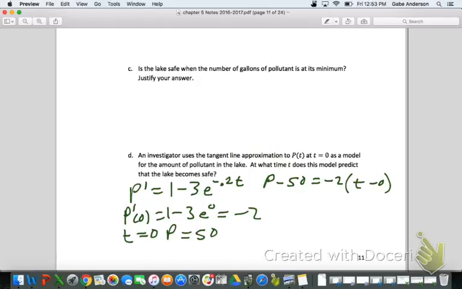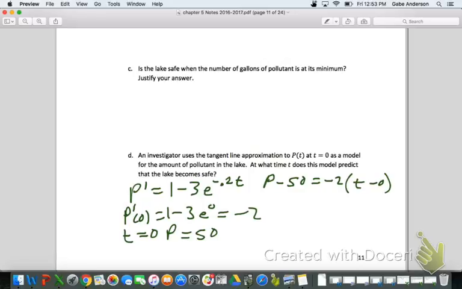And then it says, at what time t does this model predict that the lake becomes safe? So how would you describe that? When does the lake become safe? When P is 40. The P, specifically the letter, not T, because T is time. So when P is 40, that's when the lake is safe. So what could we do with that equation to find this time?